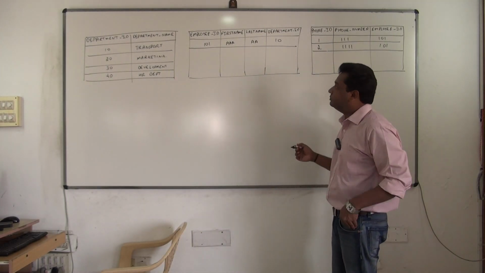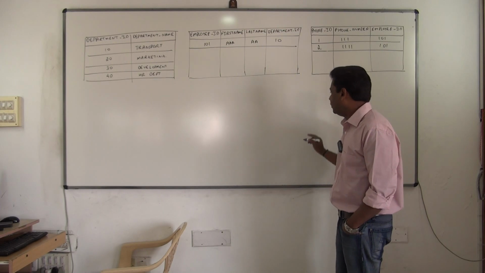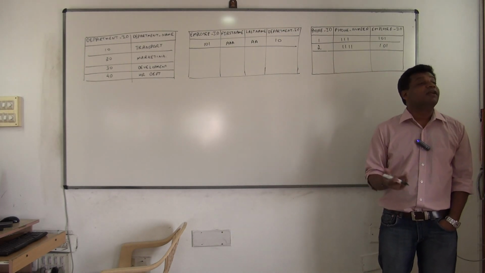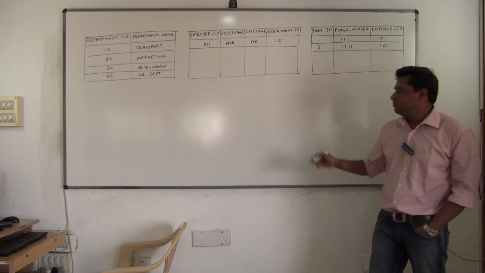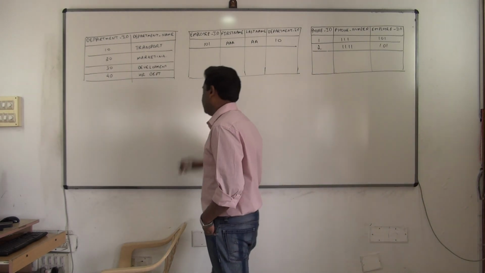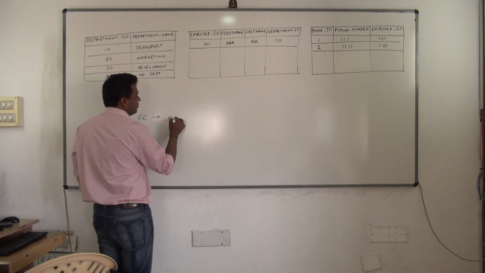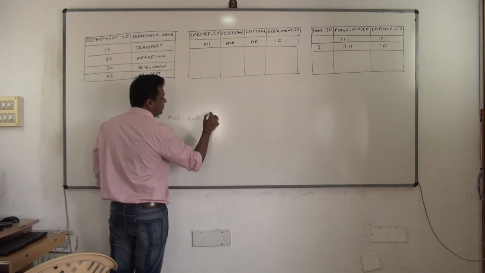Now see, one key point we discussed in the last session. Foreign key can have null value. Yes or no? See, primary key and foreign key. Primary key is not null and unique.